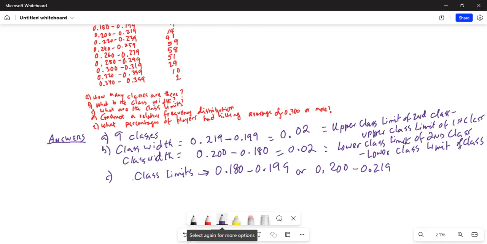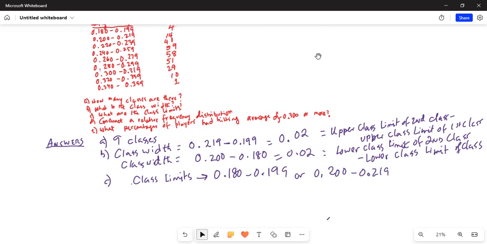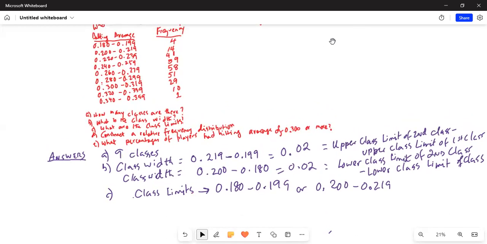So the sum of the frequencies, summation F, is equal to the sample size n.